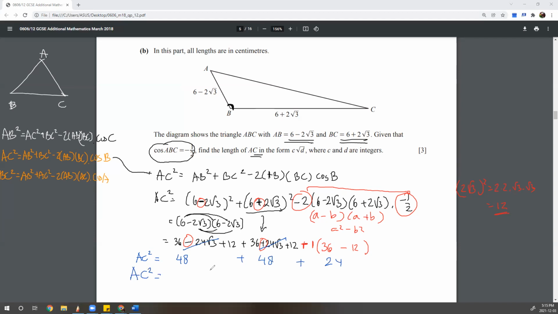Wait, I use my calculator. 120. So how do you calculate AC? Square root of 120, which is square root of 4 times 30. Why do I write this? Because I can get rid of the 4. It becomes 2 square root 30. Done.